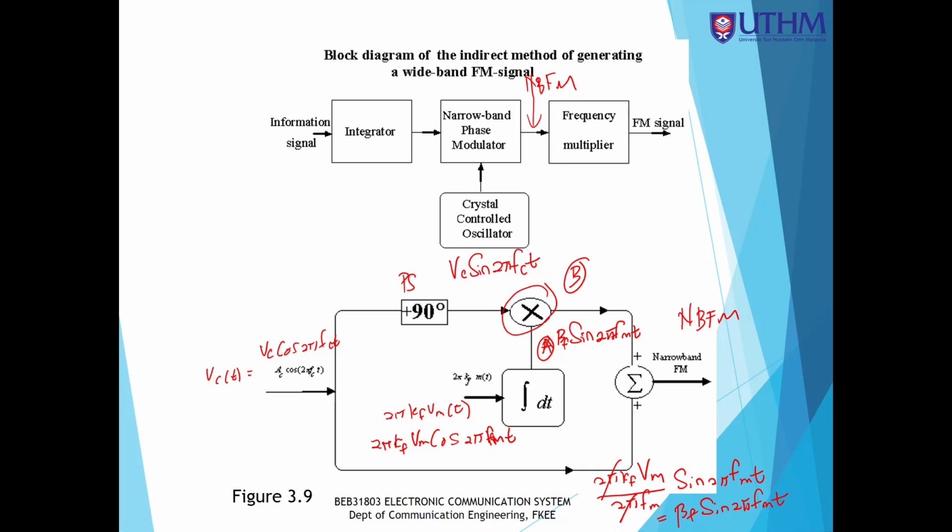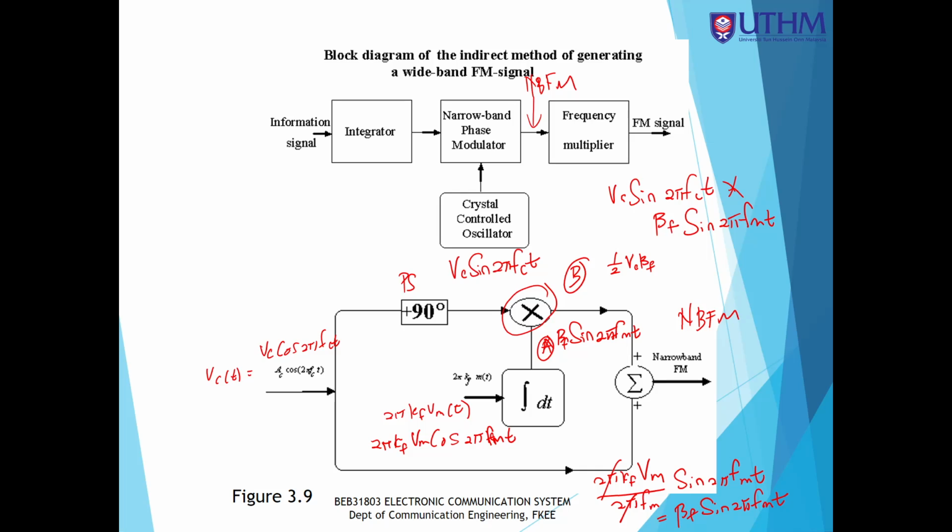So you will get like this so VC sin 2 pi FCT multiplied with beta F sin 2 pi FMT. So bila you darab, sin and sin you akan dapat 1/2 VC beta F.